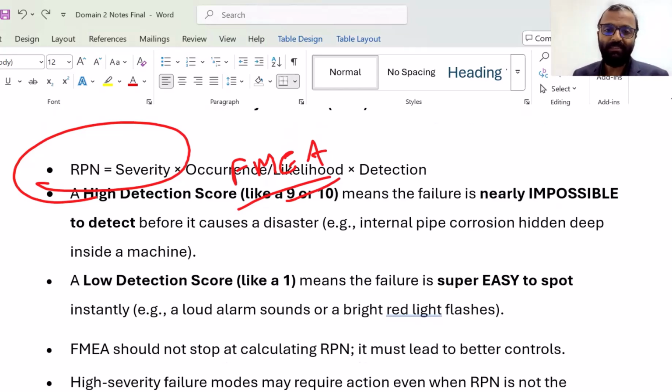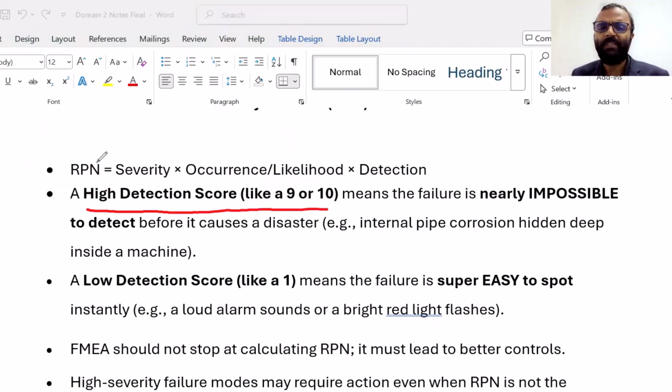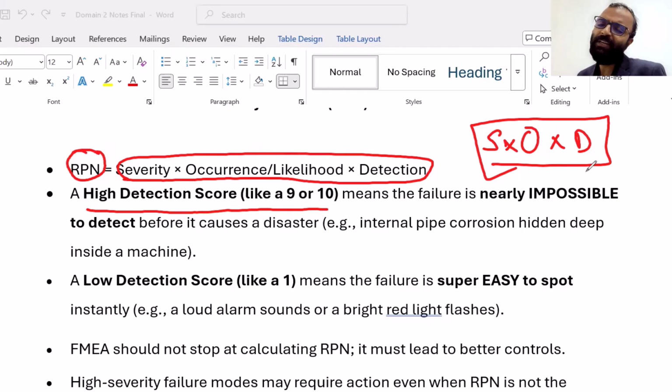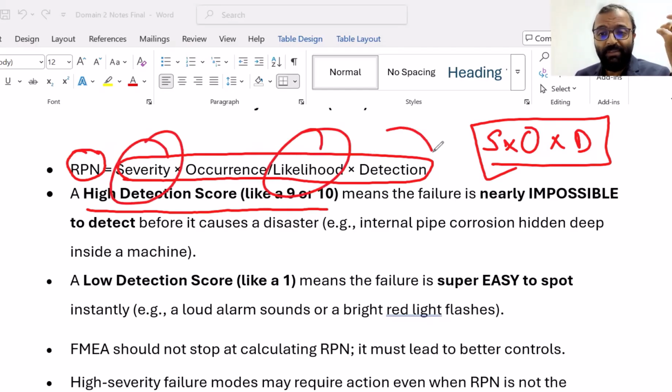You get the risk priority number by multiplying severity, occurrence, and detection. If you multiply all these three values, you get your risk priority number. Risk is severity into likelihood, and into detection, you are multiplying, you will be getting the risk priority number.